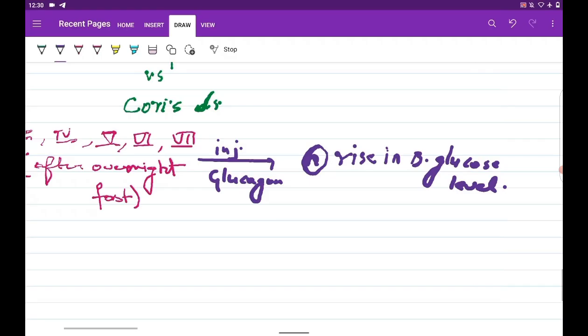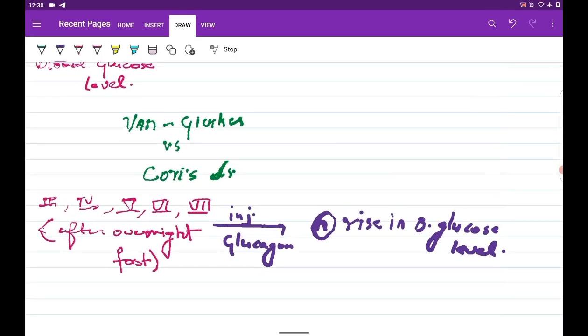But this doesn't happen in von Gierke's and Cori's disease.